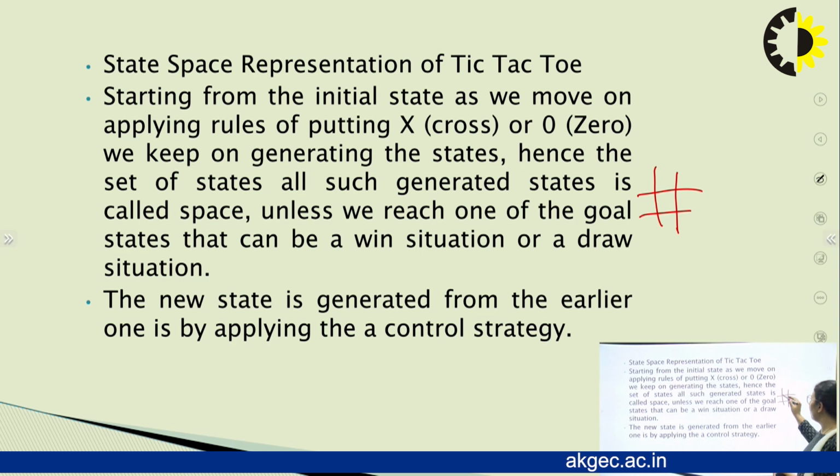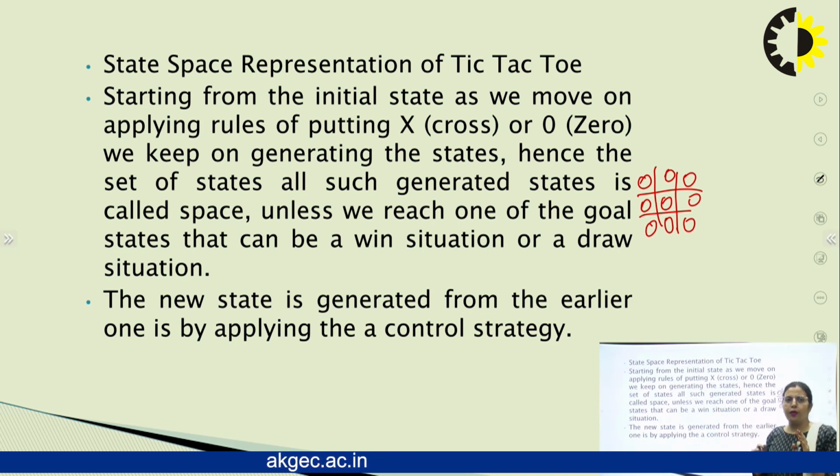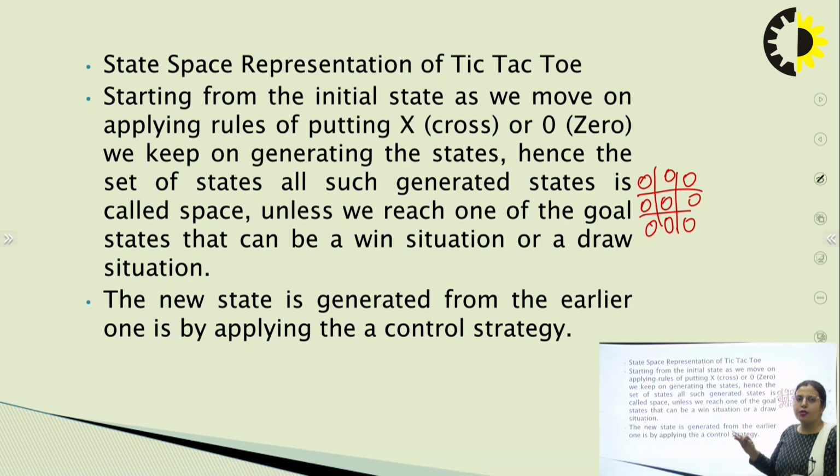Our goal is to make a win state, this kind of state, or this kind, or this kind. In this game, you win if the symbols in a column are the same, or in a row they are the same, or diagonally they are the same, then you are the winner. There are many possible states that can come up while we are finding the solution for the tic-tac-toe game.